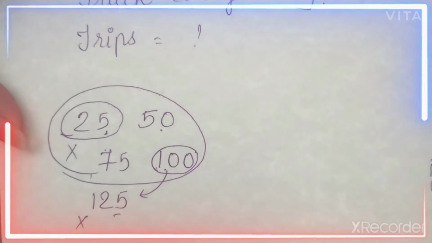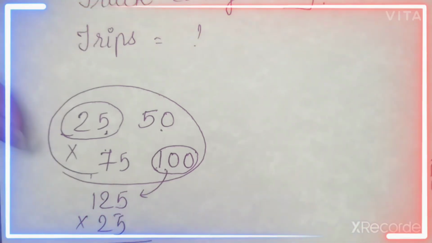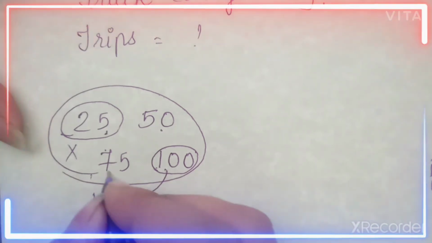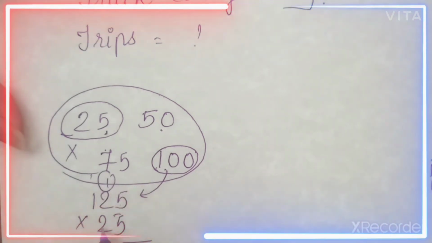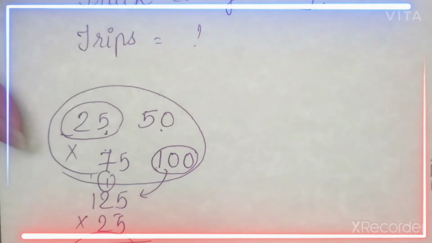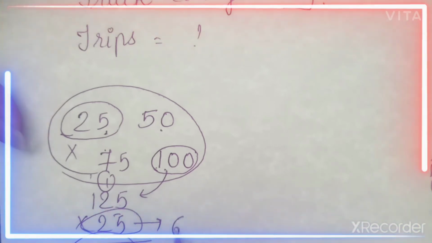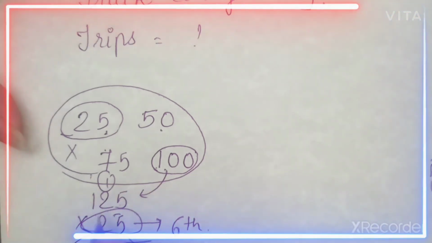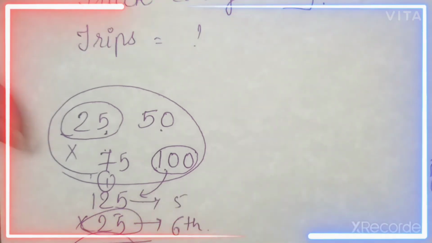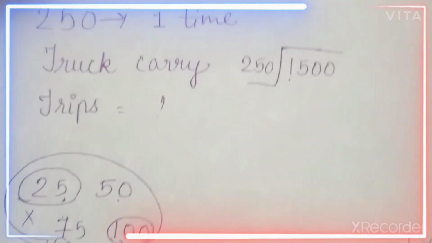Add this number with this. Again 125 plus 25, 5 plus 5, 10. 1 carry over, 2 plus 2, 4 plus 1, 5, and 150. You got the answer. But this is for how many times? 6th time. And this is for 5 times. So 25 into 6 it's 150.